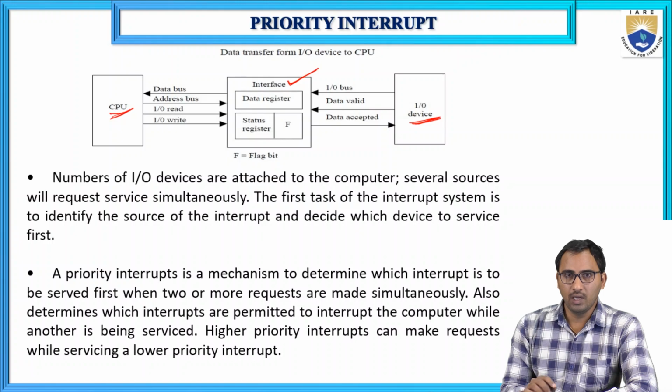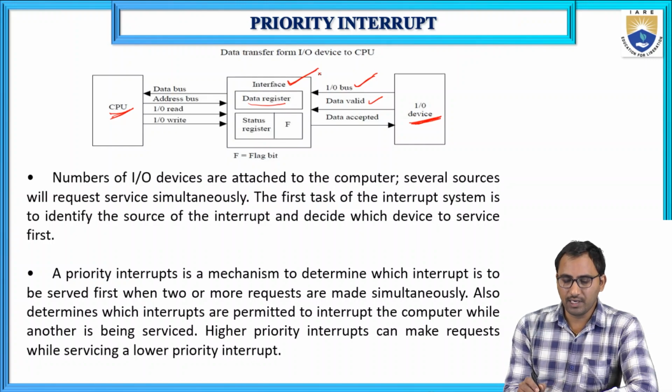In programmed I/O, when the I/O device is ready to transfer the data, it places the data on the I/O bus. After that, it sends a data valid signal to the interface, so that the data available on the I/O bus will be placed in the data register.